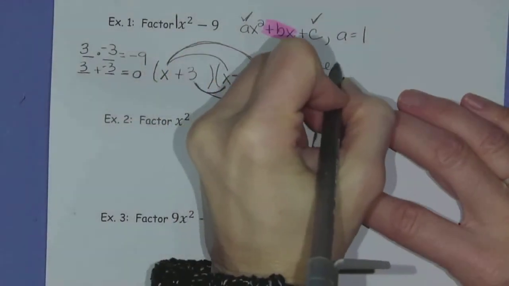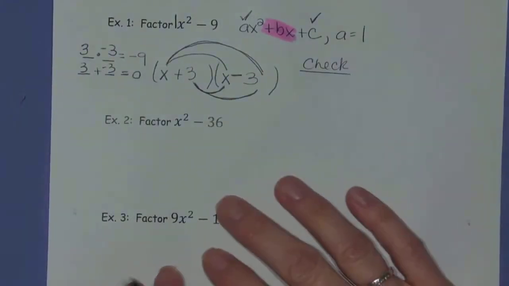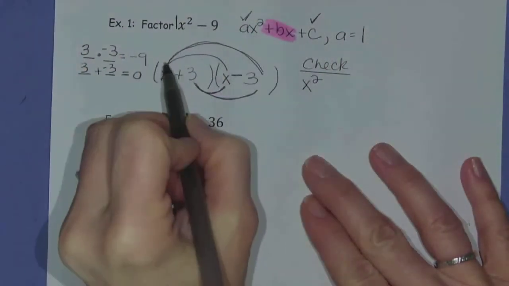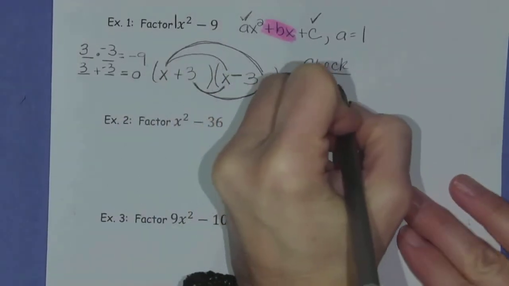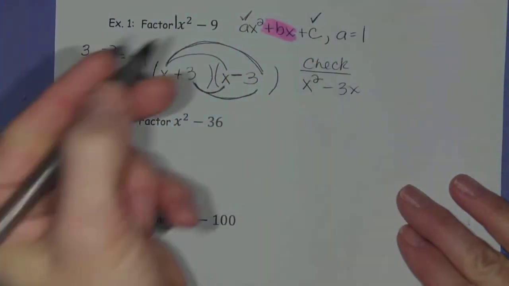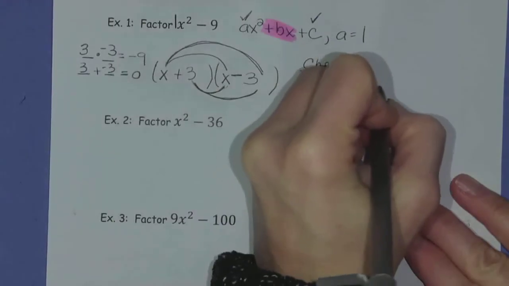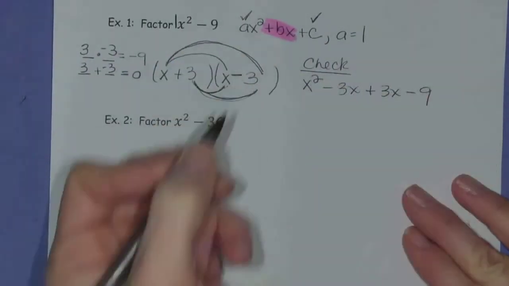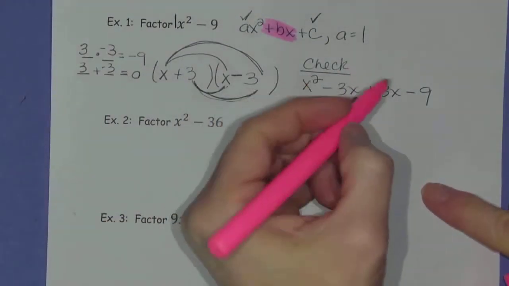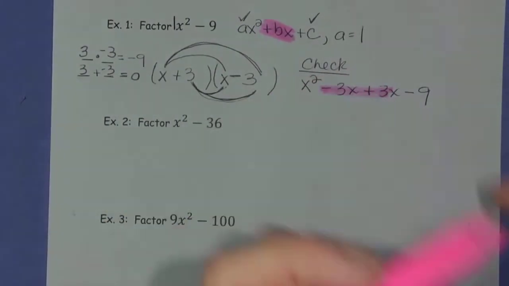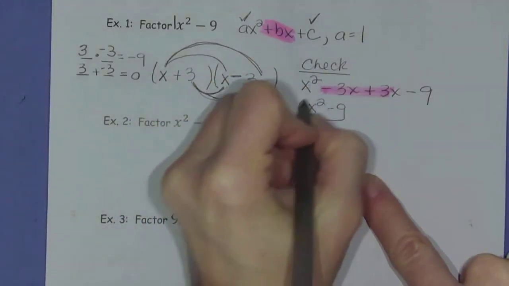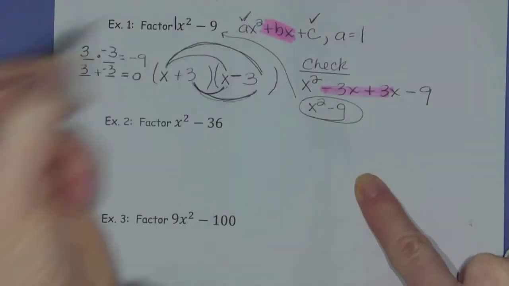If I do the full check, it's going to look like this. x times x, x squared. x times -3, -3x. 3 times x, +3x. 3 times -3, -9. Here they go. -3x plus 3x drops out to 0, and I'm left with x squared minus 9, which is exactly what I started with.